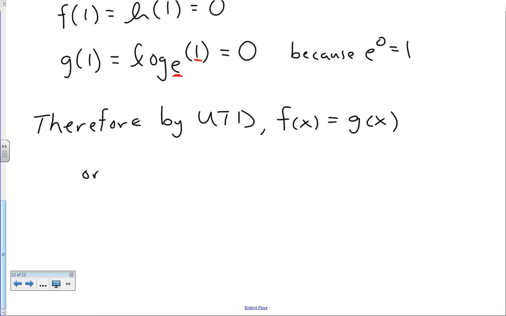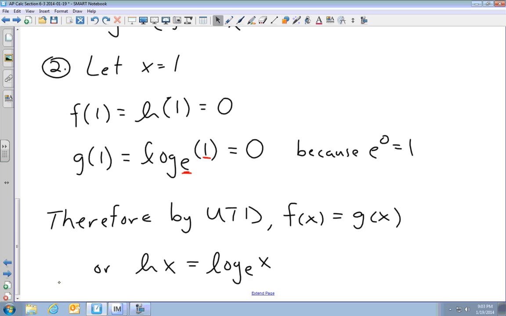Or if you want to put it in terms of our two functions, the ln of x, our function we defined back in section 2, is in fact equal to g of x, which is log base e of x. The ln of x function is in fact equal to our natural log function. They are the same. All right, and that's as far as we're going here with this section.